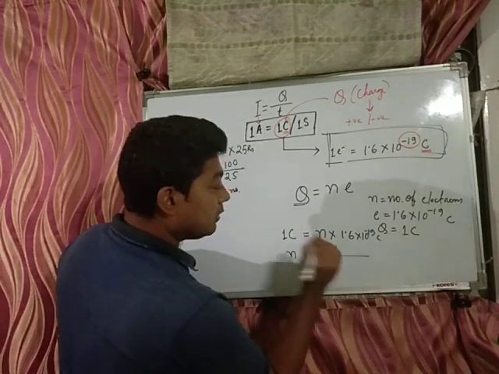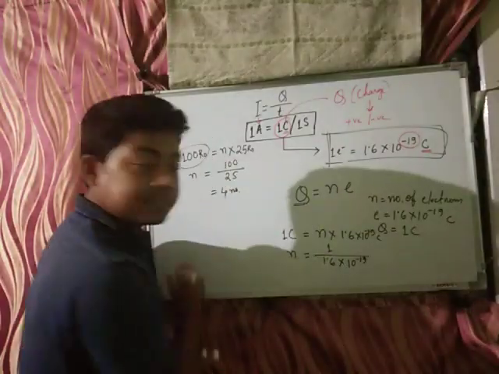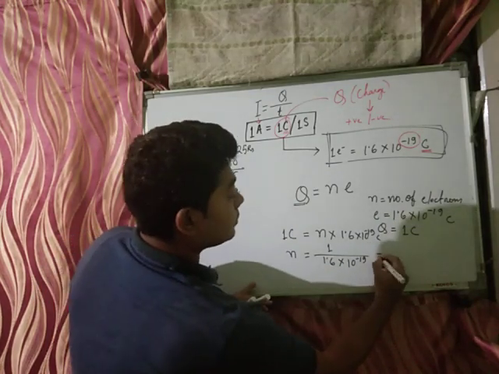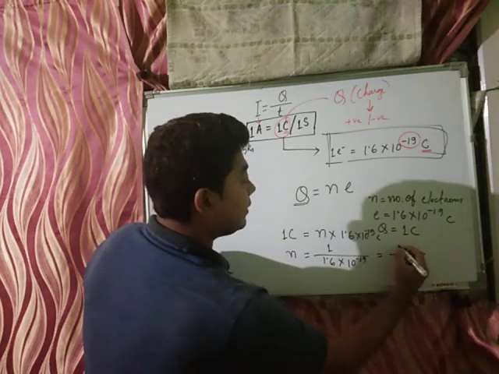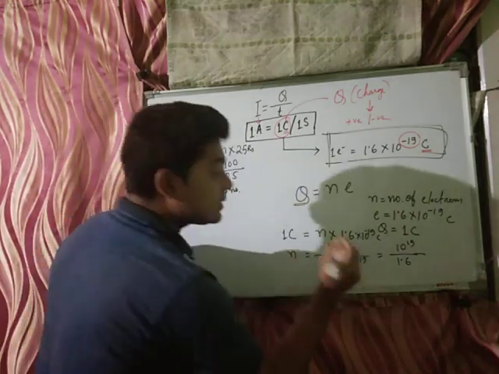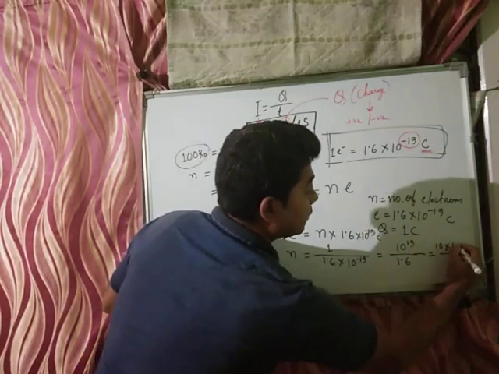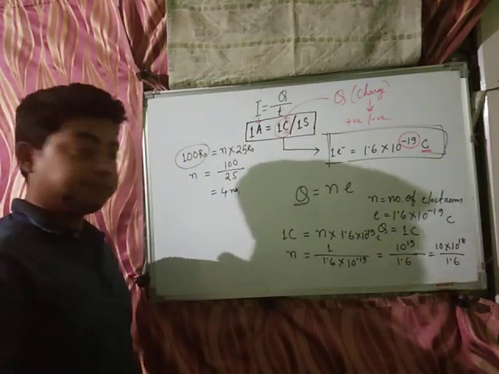The coulomb will be cancelled. 1 divided by 1.6 into 10 to the power minus 19. Now 10 to the power 19 goes to the upside, so minus will become plus. I can write that also like 10 into 10 to the power 18 by 1.6.